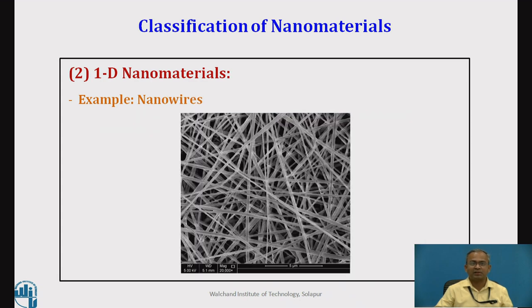The next example of 1D nanomaterials is nanowires or nanofibers. They have been studied extensively for their potential benefits in tissue scaffolding, drug release, and specifically in wound dressing. Here is a scanning electron microscopy image of nanofibers of polyvinyl pyrrolidone.